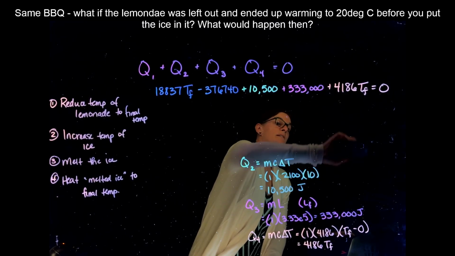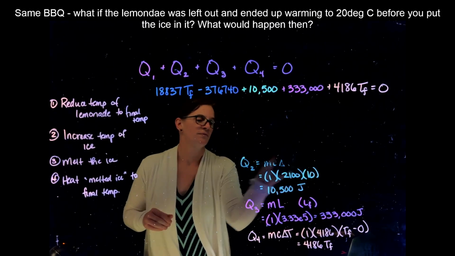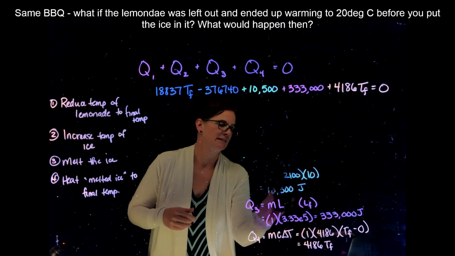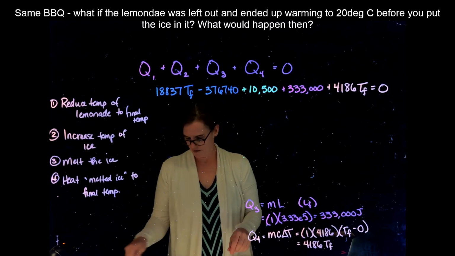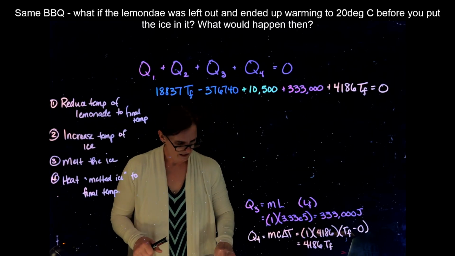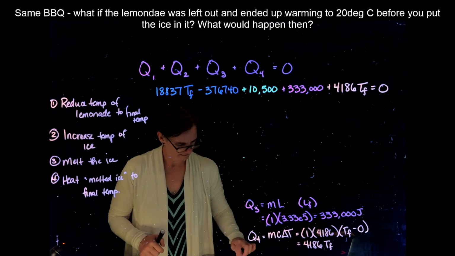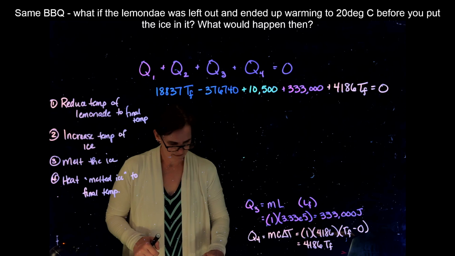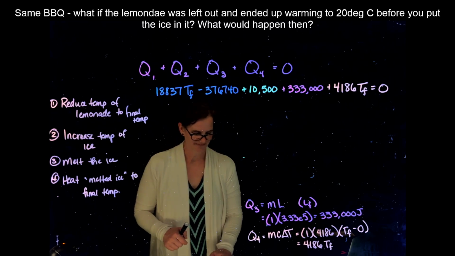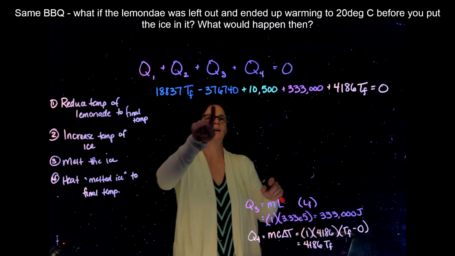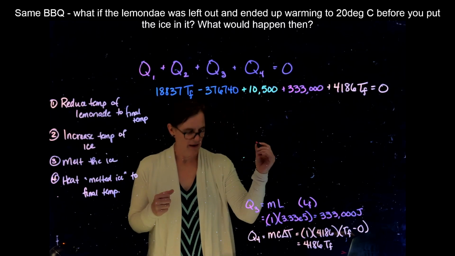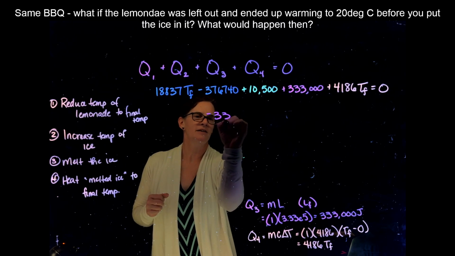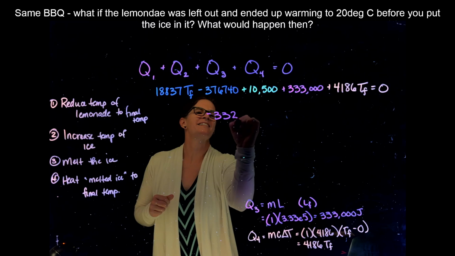And now we're going to solve for our final temperature. All right, I want to get all the numbers right. So we're going to add up all of our totals, and we end up with minus 33,240.